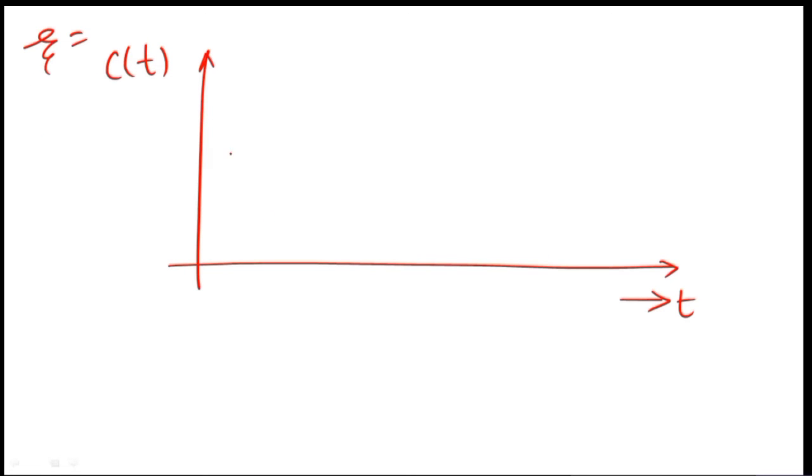For the time being, I am taking a zeta value that is not equal to 0 and not equal to 1, so that the response of the system would look like this.